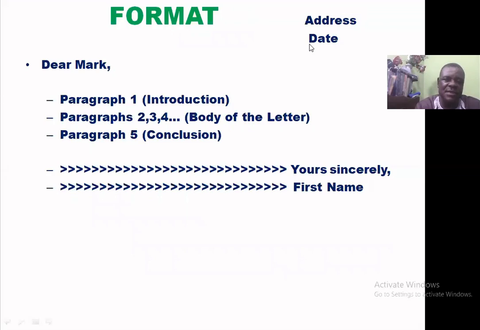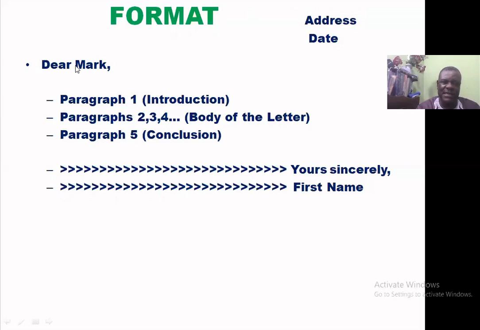For instance, you can write October 28th, 2020, full stop. Then the next thing will be the salutation. This is Dear Mark here. You can see exactly where it is to be situated. And you have to make sure that this Dear starts at the margin of your paper.